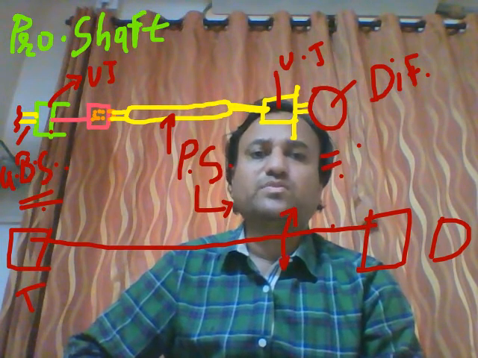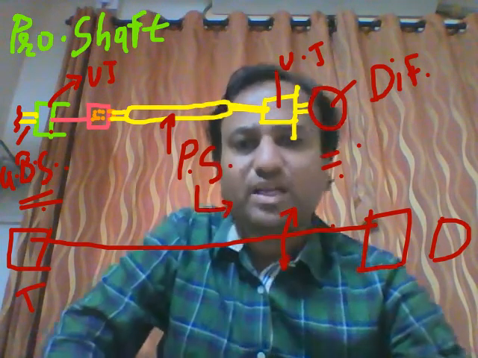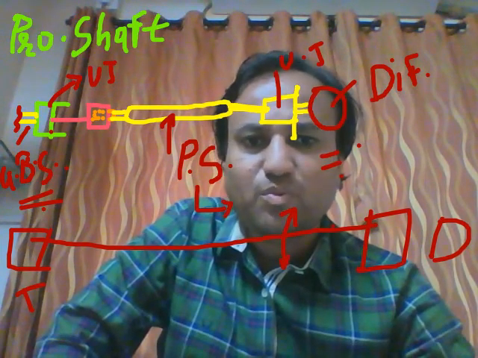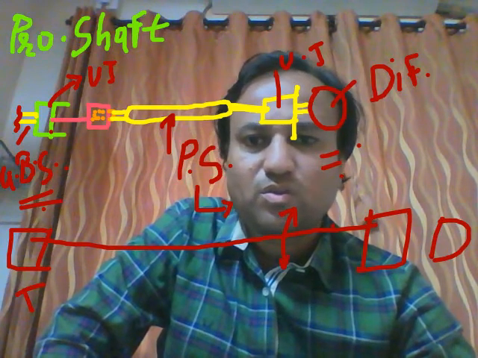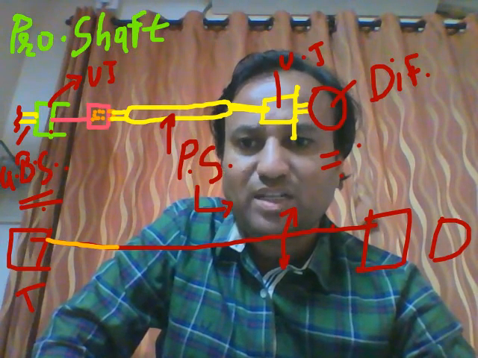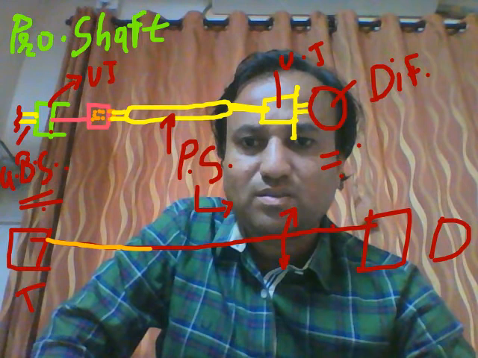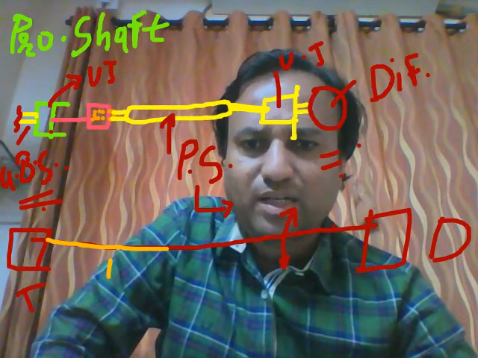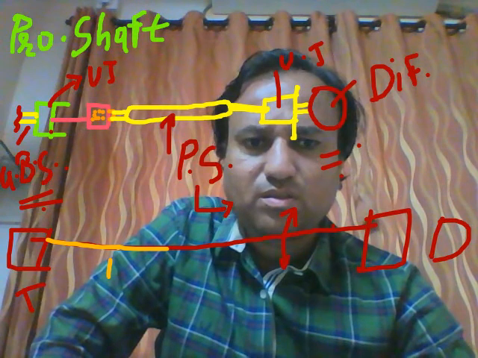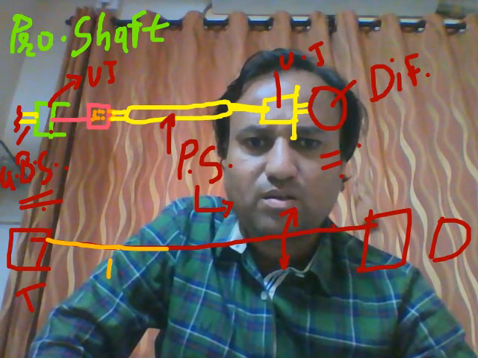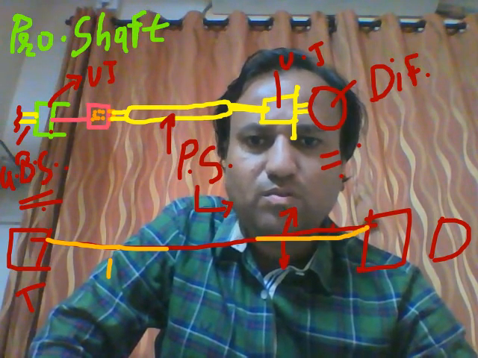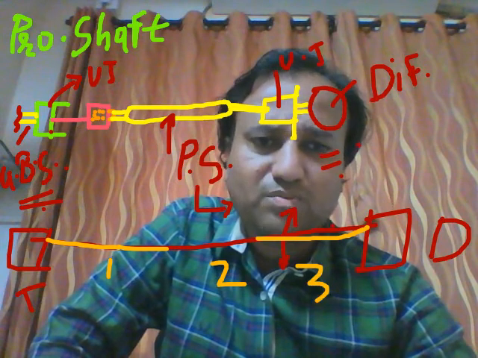So student, to avoid buckling, instead of a single propeller shaft, I will use this as shaft number 1. I can use 1, 2 and 3 shafts, and so on.